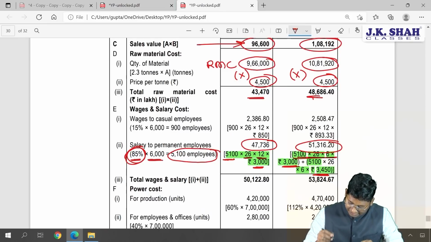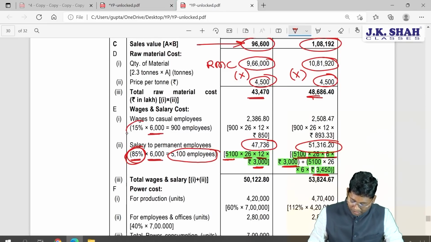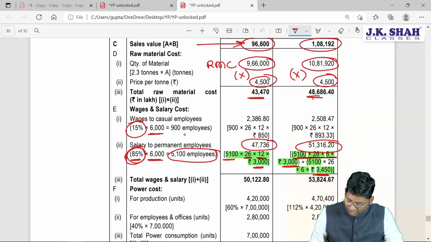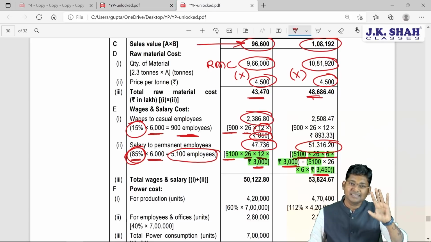So at present, out of 6,000, if you compute 15% employees, your casual employees are only 900. 900 employees are getting paid at the rate of 850 rupees each per day. Now they will be working for 26 days, and for 12 months a year, the yearly amount of wages is computed. This is the first thing.